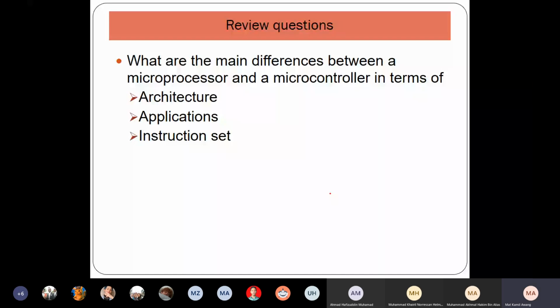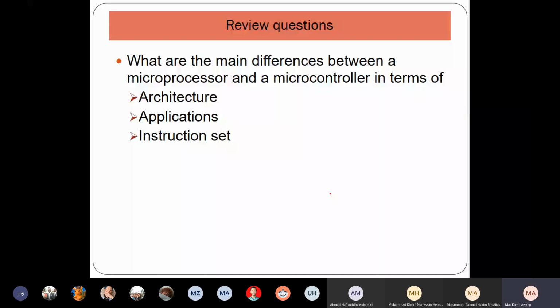So, what are the main differences between microprocessor and microcontroller in terms of the architecture? Anybody can answer?